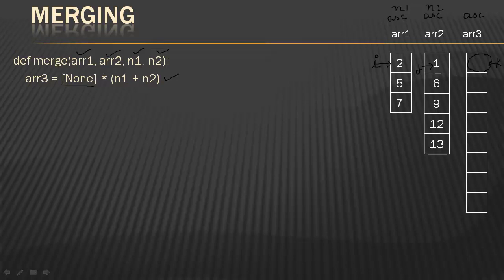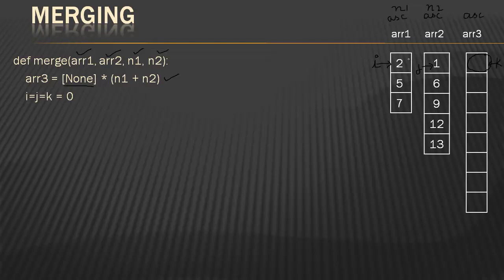Okay, so I have now placed I, j and k at location 0. My k would always be at 0. Only I and j would change. I will show it to you in the next example. So I'm placing my I, j and k at index location 0. Now what am I doing basically?